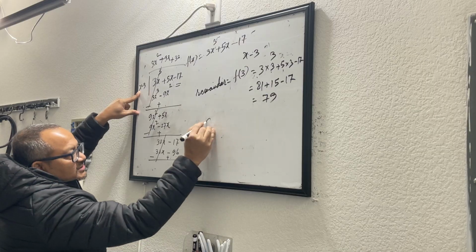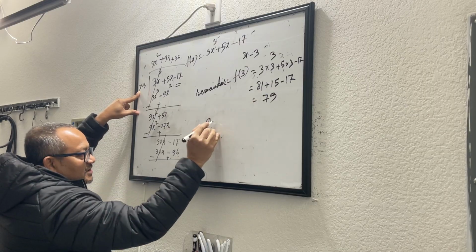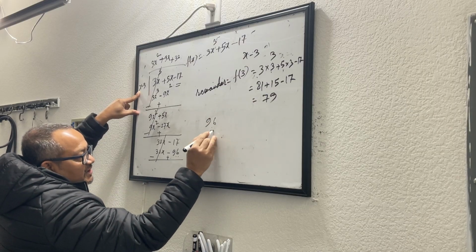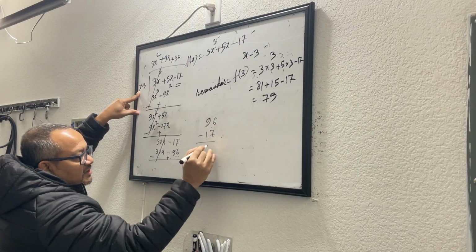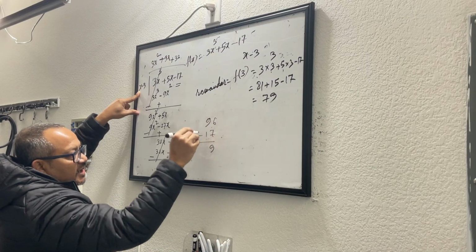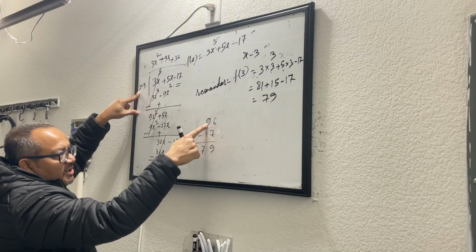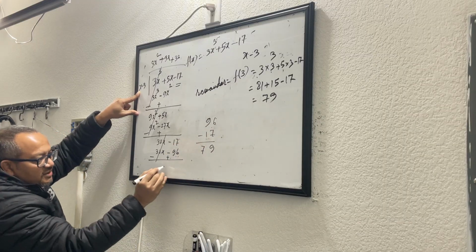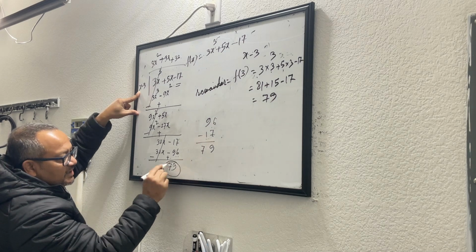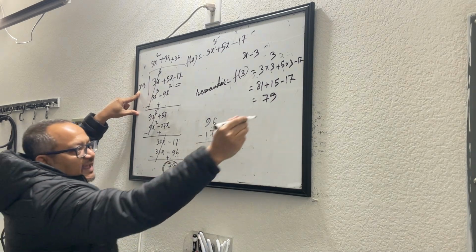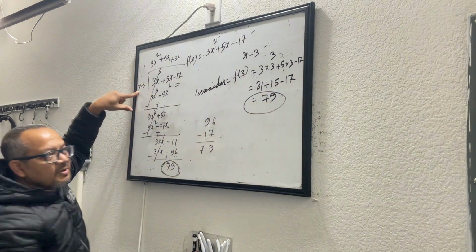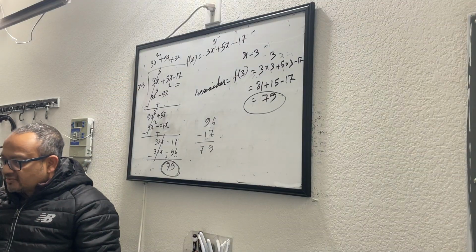Check it one more time. 96 minus 17. 6 minus 7, 9, because I borrowed 1, it became 8. 8 minus 1, 7. 79. See, this is the remainder that we forecasted with the help of the polynomial remainder theorem.